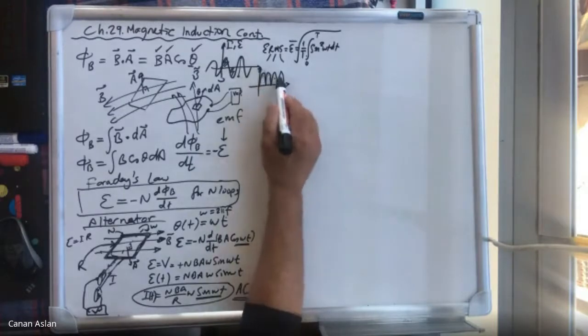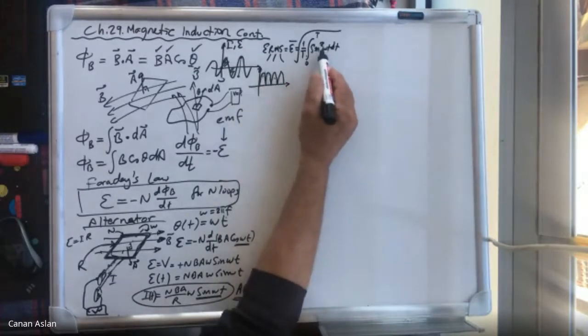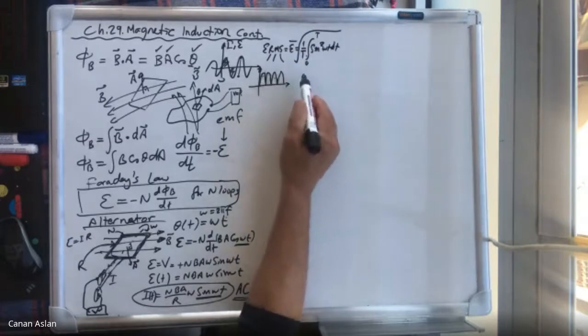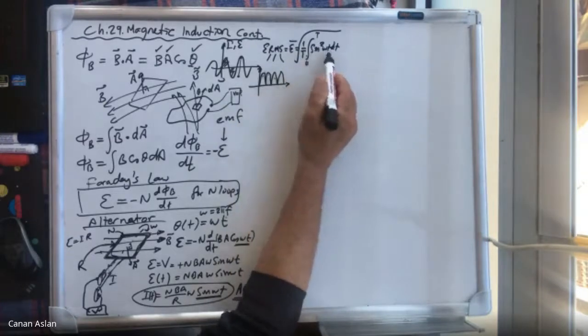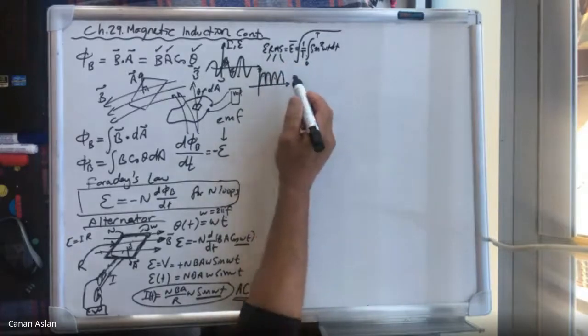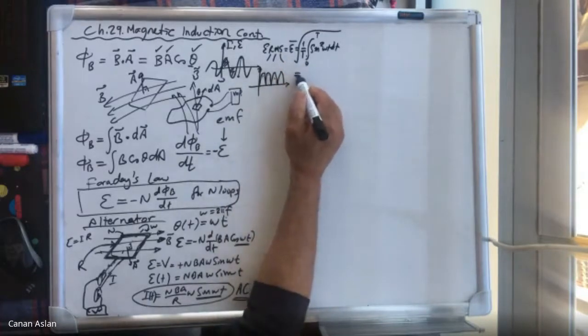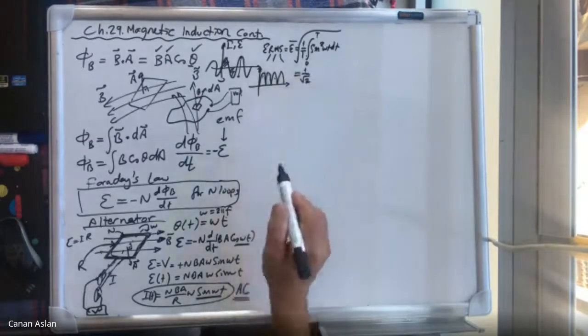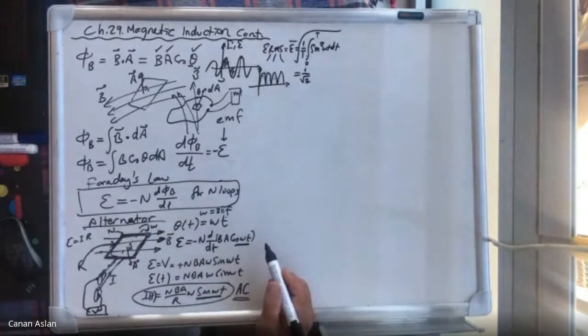It means that when you take the average, it will not give you 0. So it will give you a certain value, and then if you divide it by T and take the square root, actually this is dividing the whole expression by square root of 2, or just 2 over pi.